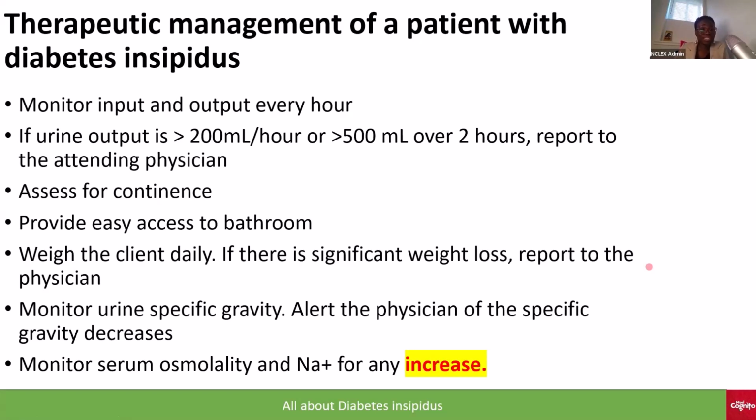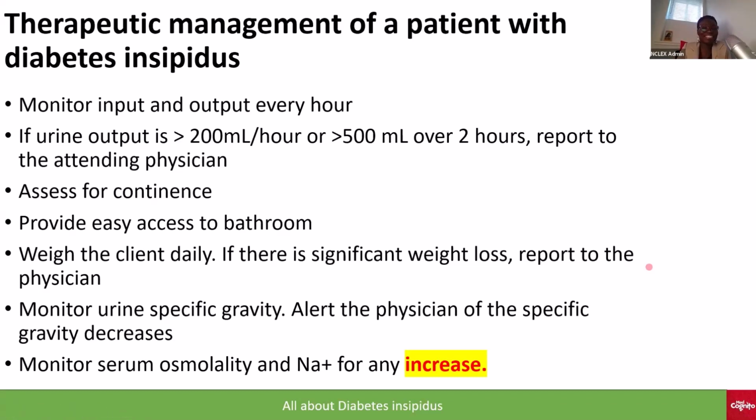It's important that we assess for continence, because what if this client is incontinent of urine? That's why they're giving out a lot of water. So we have to rule out any form of incontinence. Since this client is visiting the washroom several times, this is very key.